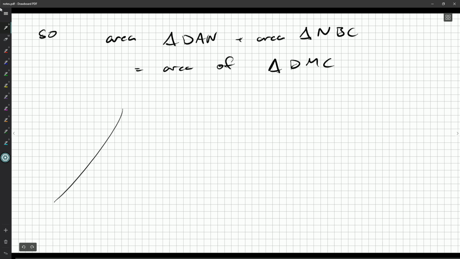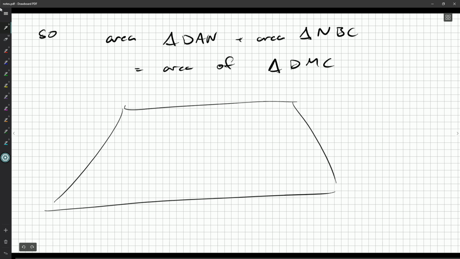So the area of DAN plus the area of triangle NBC is equal to the area of DMC. And now if we just go back to our picture here, we can appropriately label things.